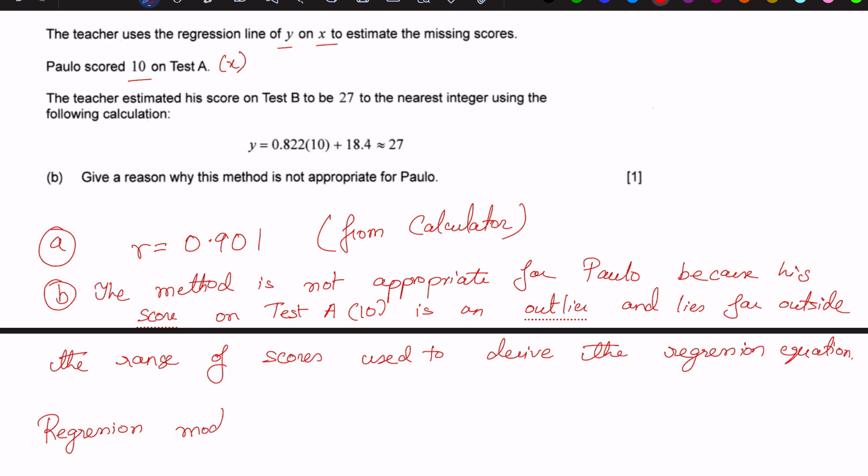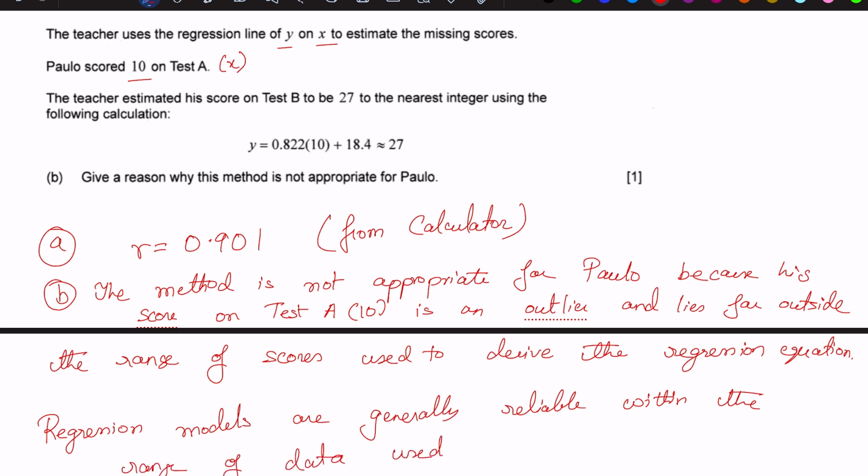Regression models are generally reliable within the range of data used to create them.